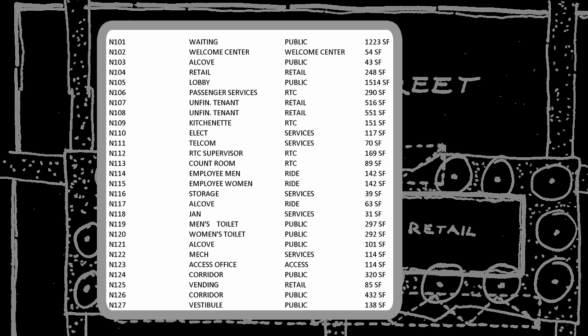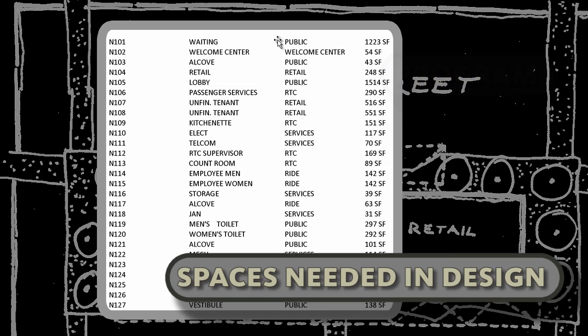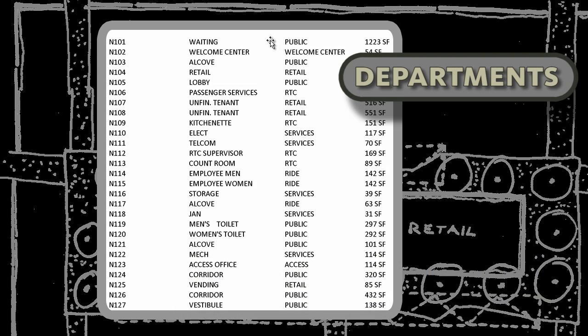The next element, obviously, is the program. What we're doing here is identifying what spaces need to be included in a transit agency or in a transit facility, and we're also looking at what type of spaces these are. We've grouped them basically into what you can consider departments.